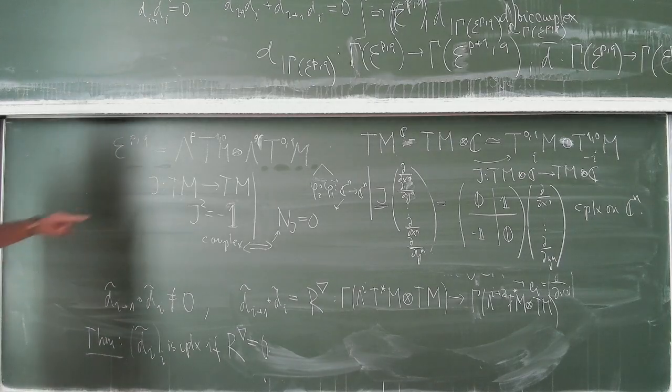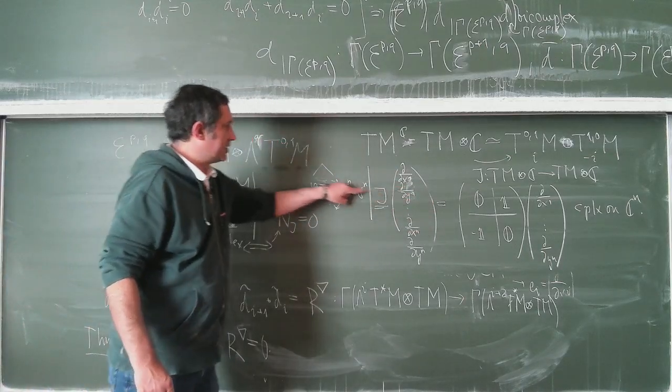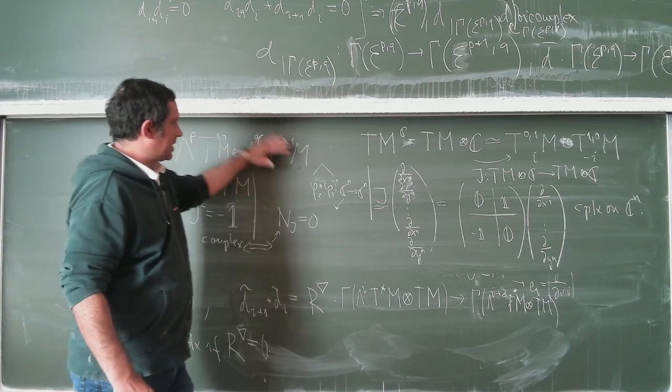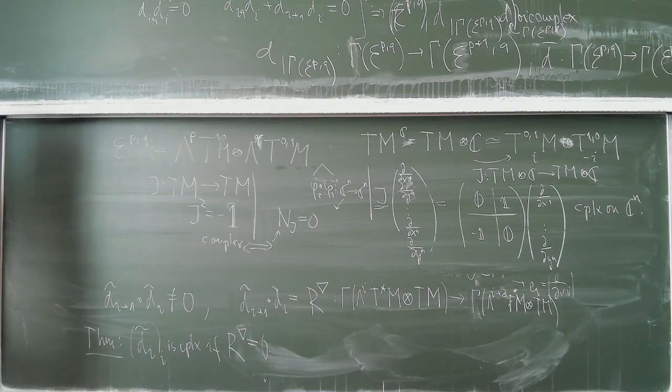And if we have a complex manifold, this J exists and is defined by this prescription, transferred to the manifold. So, okay, these are very brief introductions into complex manifolds.